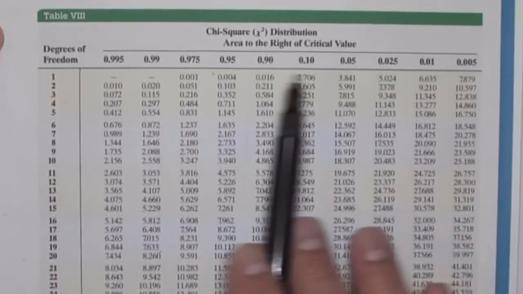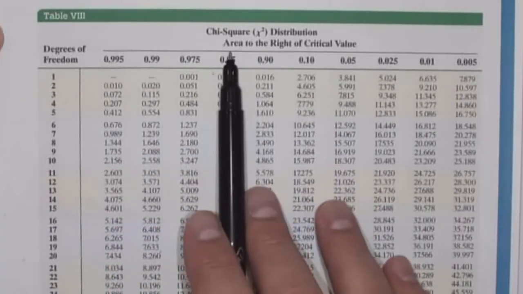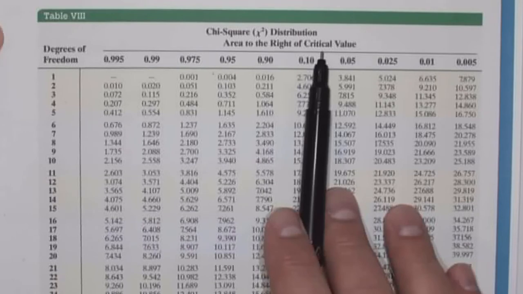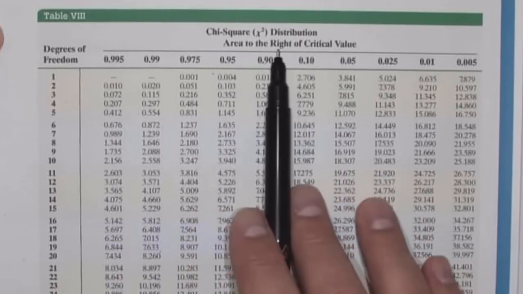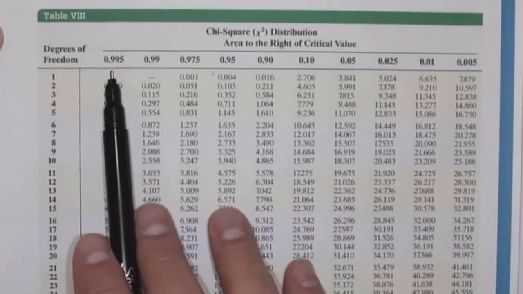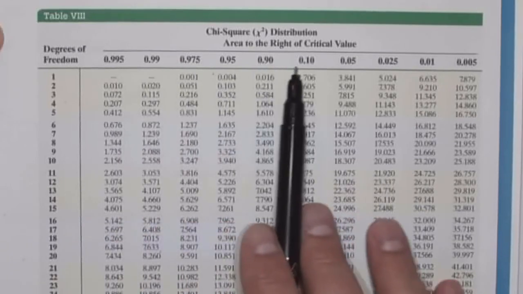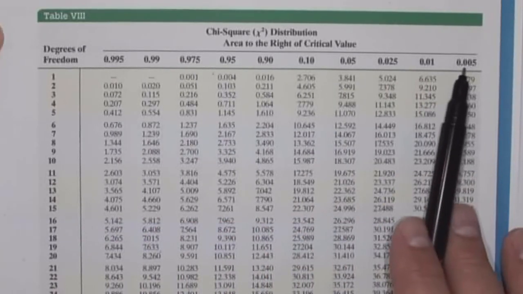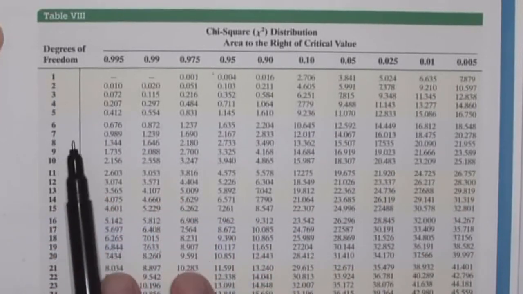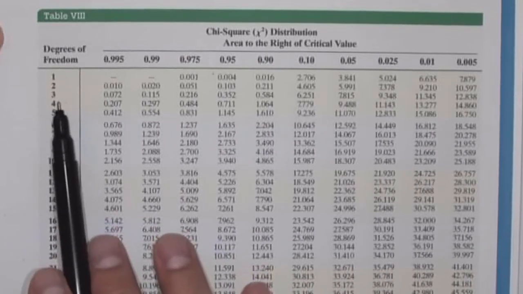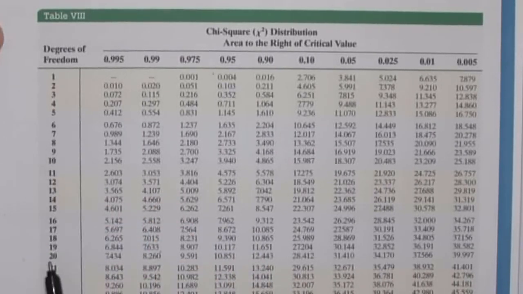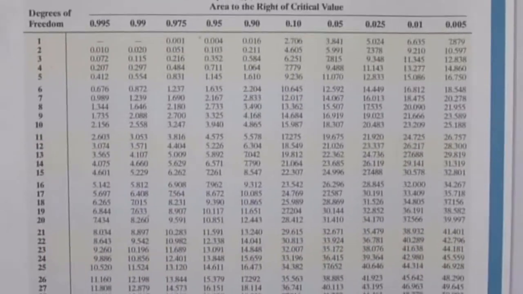Along the top here, we have areas, and these are areas in the right tail. In other words, these are areas to the right of the critical value. And so we have different columns that represent different areas. And then in the far left column, we have the degrees of freedom. And so this will work for the specific chi-square distribution that we have.